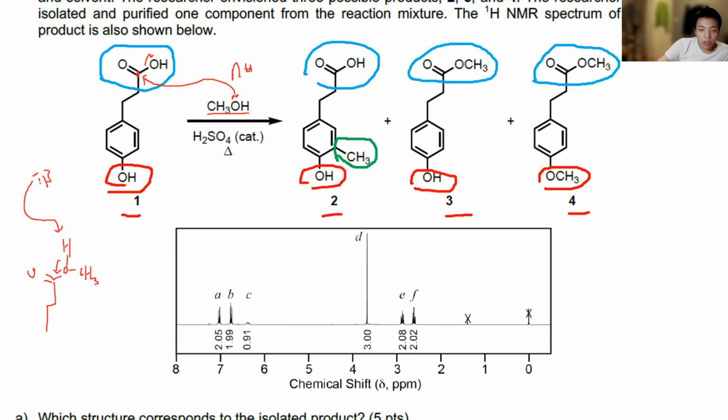And let me ask you guys one question. What should be the ppm of a carboxylic acid? Somewhere higher. It's actually around 12. And it's not showing up, so that means we don't have a carboxylic acid. And we can eliminate answer choice 2.